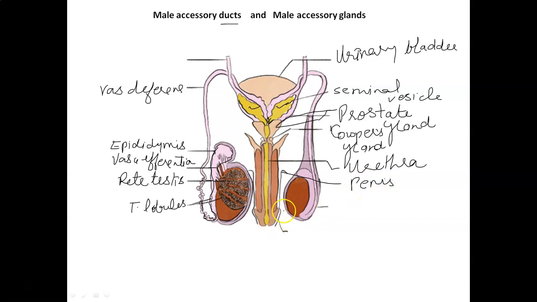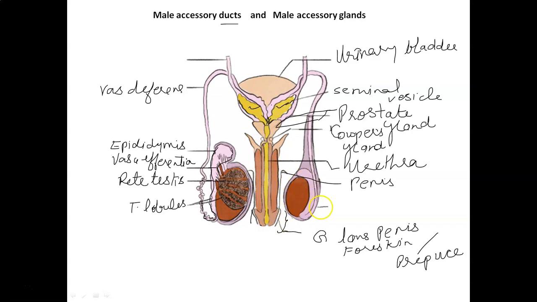Now the anterior portion of that penis is known as glans penis, which has a skin which is known as foreskin or prepuce. So this is glans penis, and here is the skin which is foreskin.